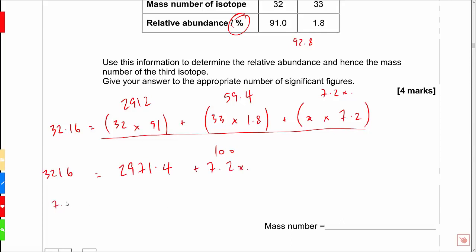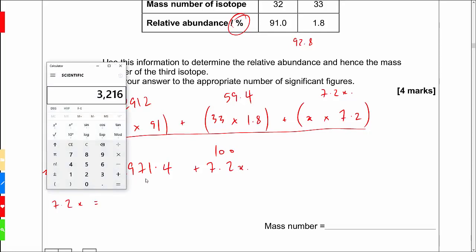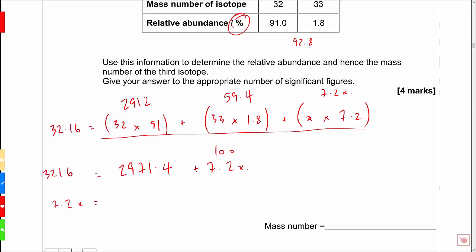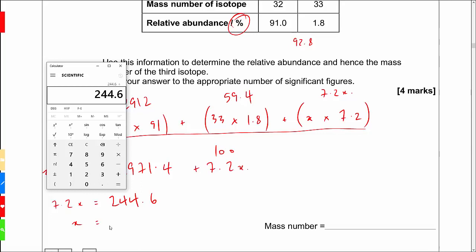So 7.2x therefore is equal to 3216 minus 2971.4, which is 244.6, and then finally X is going to be 244.6 divided by 7.2, 33.972.